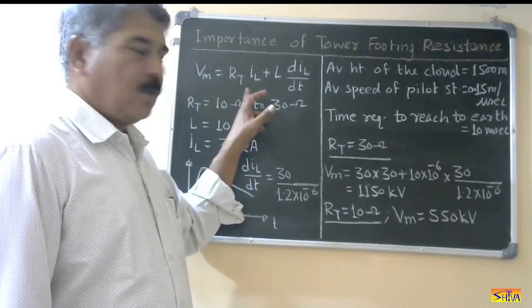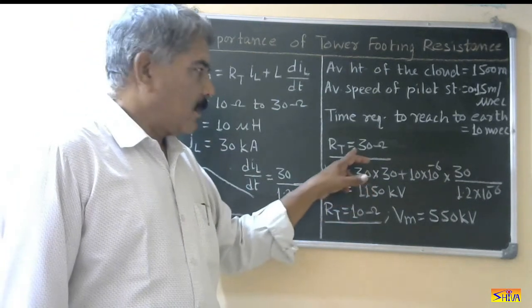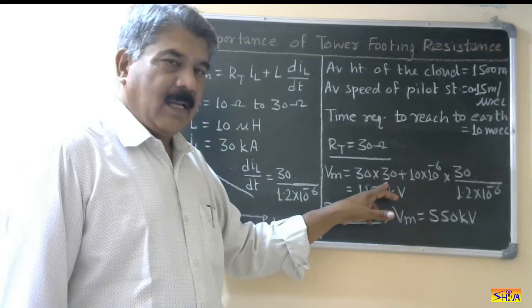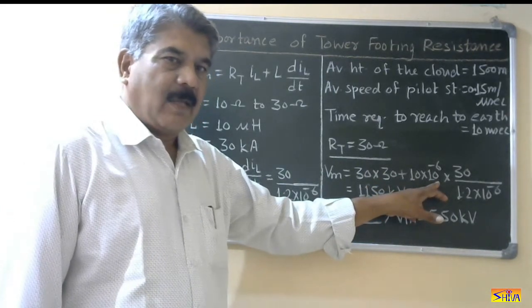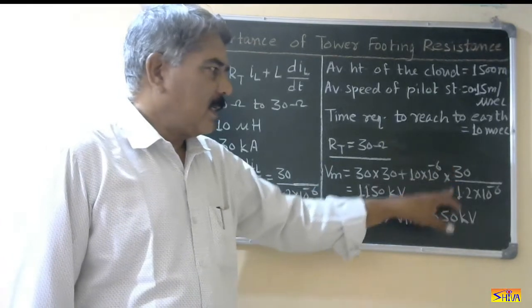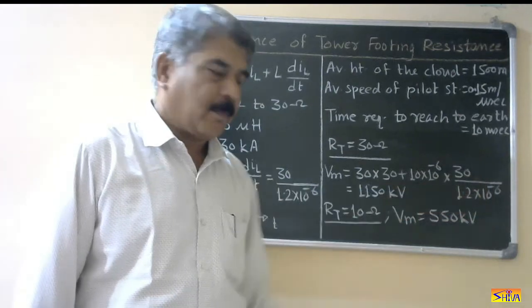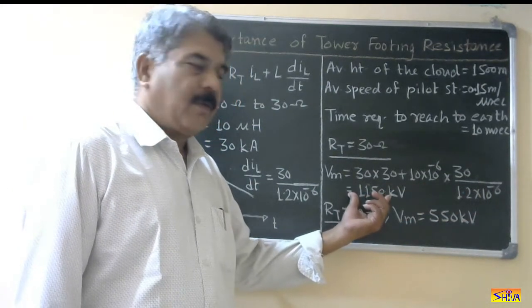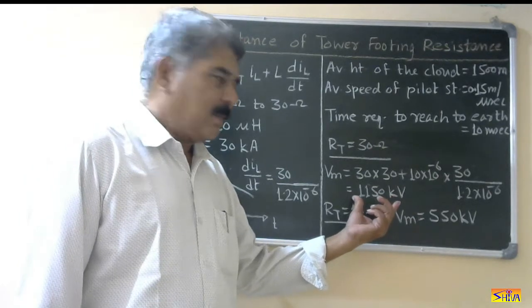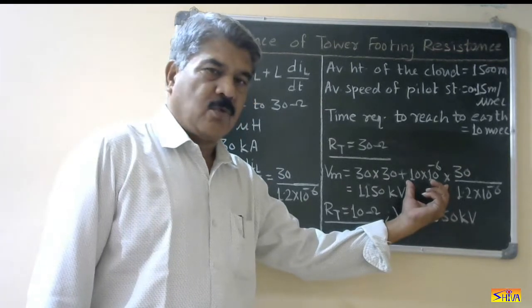So Vm, use this formula, substitute the values RT 30 ohms, IL 30 kiloamperes plus L 10 microhenries into dIL by dt, 30 upon 1.2 into 10 to the power minus 6. So with this, this comes out 1150 kV. Out of this 1150 kV, this component is 900 kV and this component is 250 kV.